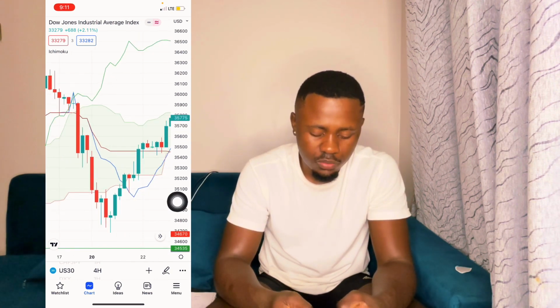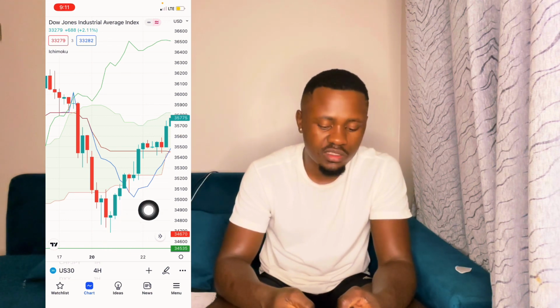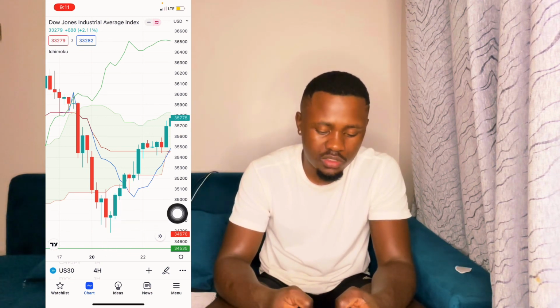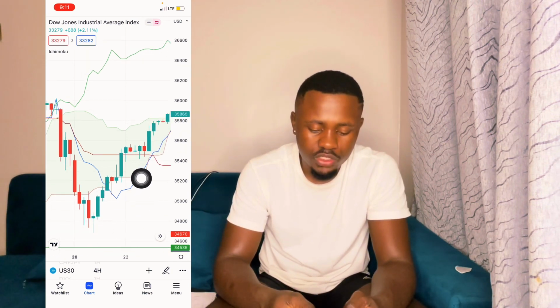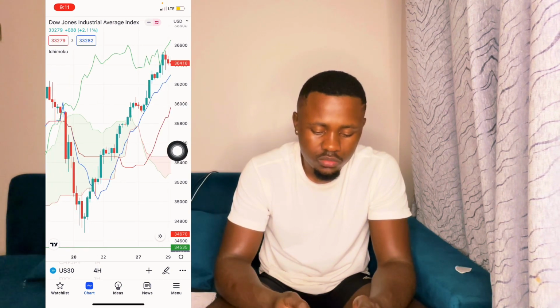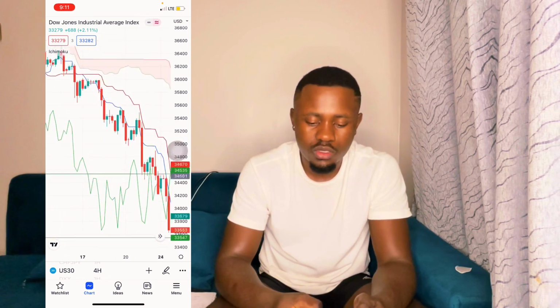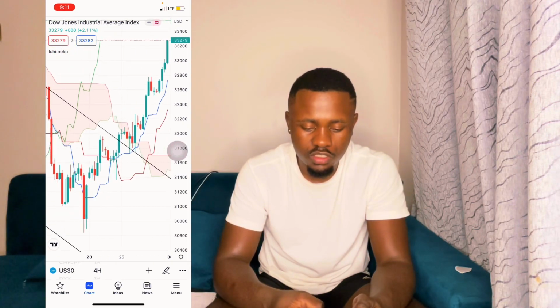It means sellers tried taking the market down, but buyers had more momentum and pushed the market back up. That's one sign. Then you have a big green candle which represents more buying pressure, and then the market went back to the upper side.